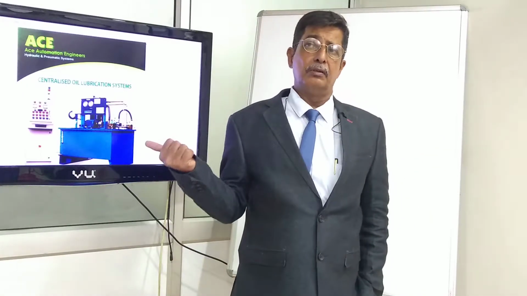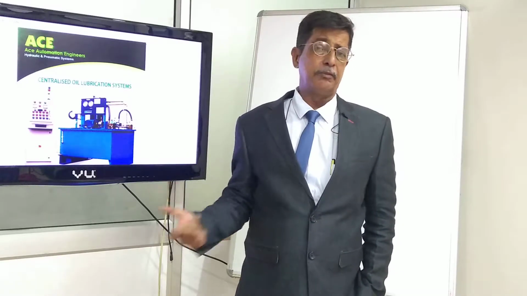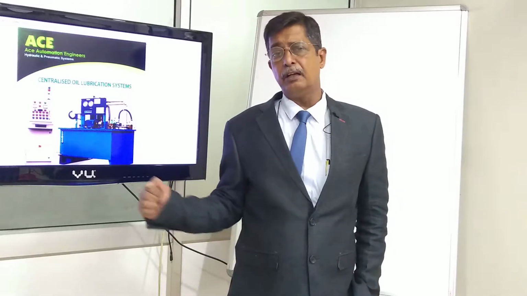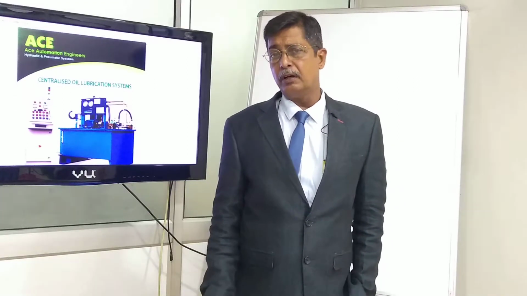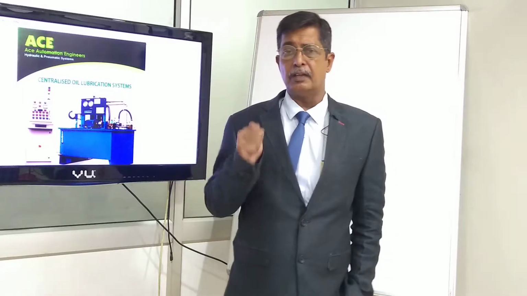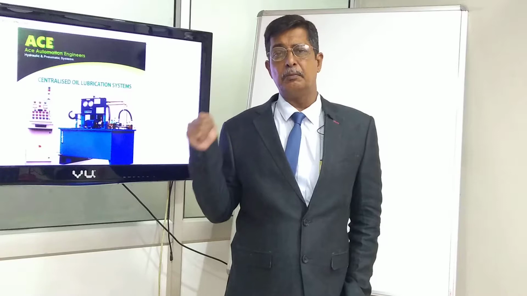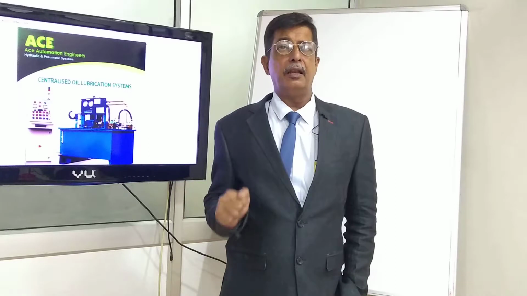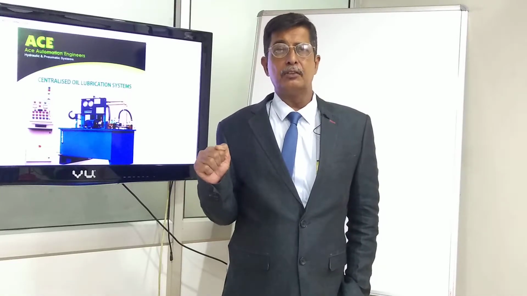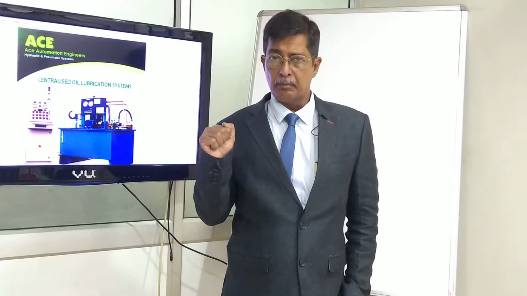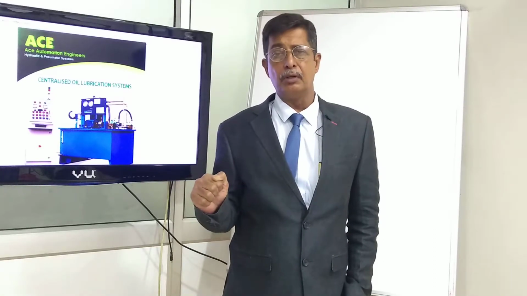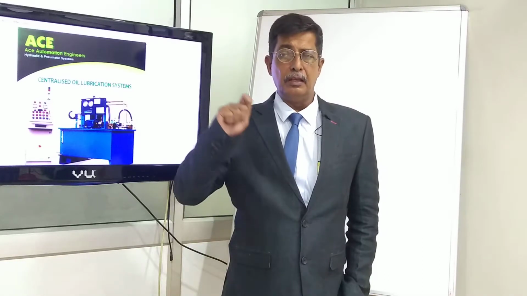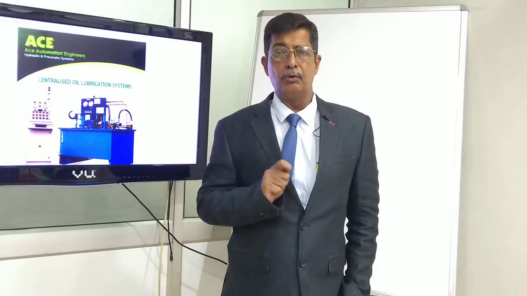The second type of failure is even more dangerous. I like to call it the silent killer. Why do I call it the silent killer? Because it kills our profits silently over weeks, months, years, and we never even come to know about it. When the bearing or the bush has got damaged, but it is not completely broken, the amount of power required to rotate the machinery part starts increasing.